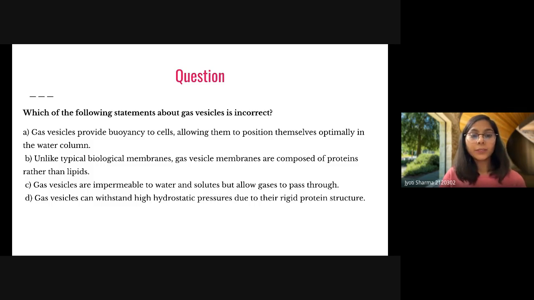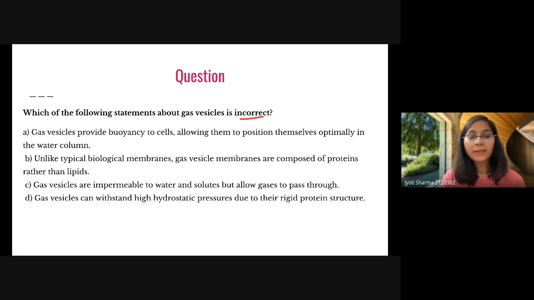Okay, the next is about the gas vesicle. You have to tell me the incorrect statement, not the correct but the incorrect statement, about the gas vesicle. We have four options. Gas vesicles provide buoyancy to cells, allowing them to position themselves optimally in a water column.